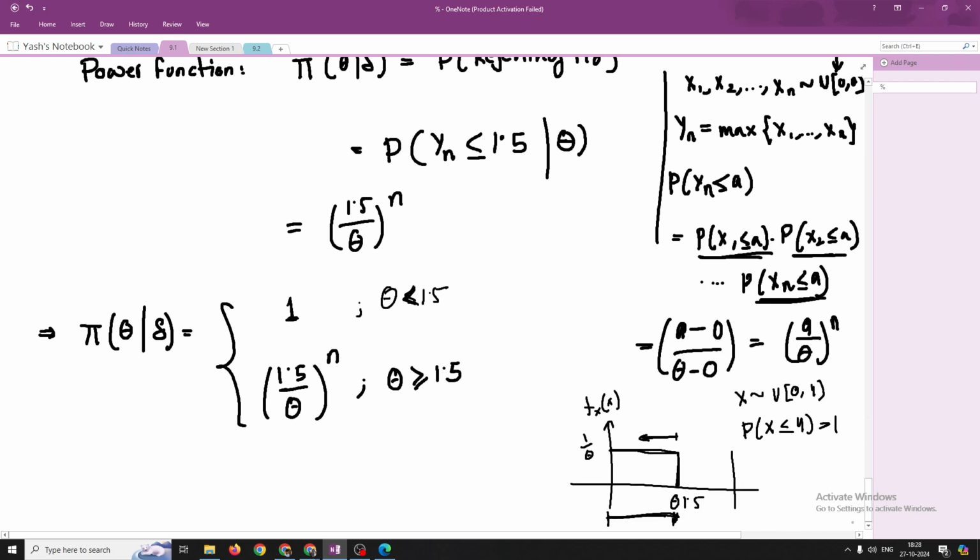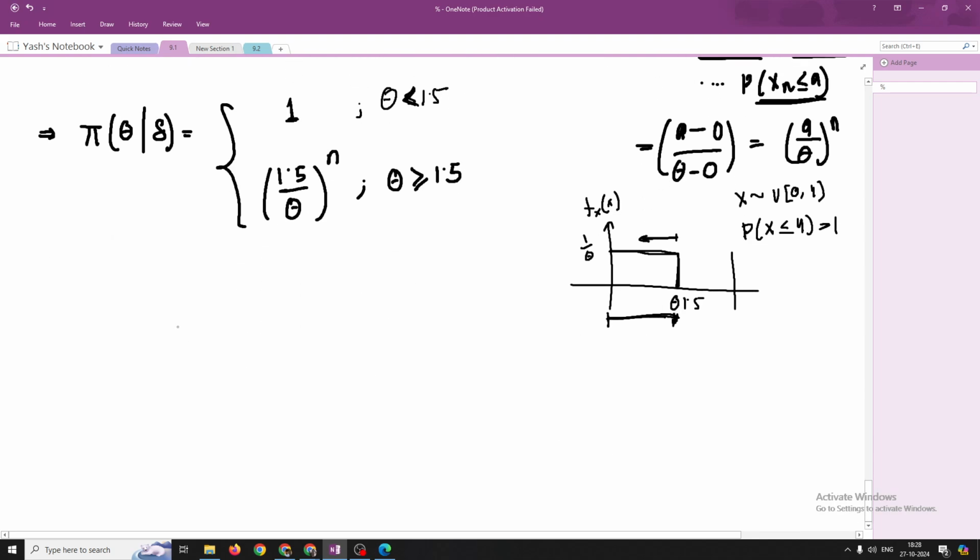And now if you want to plot it, it's really easy to plot. Easy, I don't know if it is easy. So this is your power function, and this is your parameter, and this is where something happens, right? So this is 1.5. Let's say this is 1.